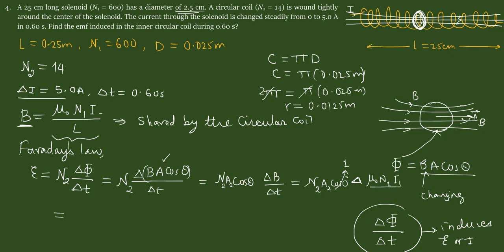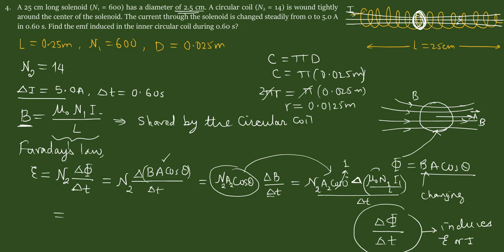Okay, so mu naught is constant, we can pull that out, and N1 is also constant, that's the number of turns in the solenoid, and L is also constant.